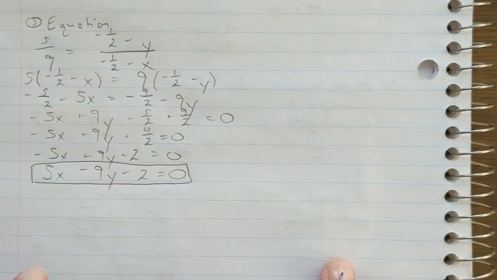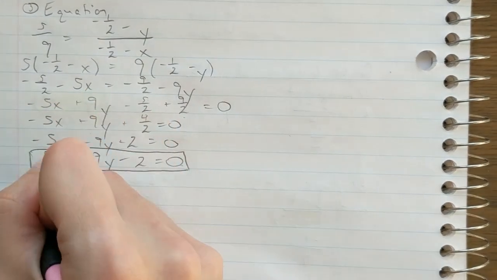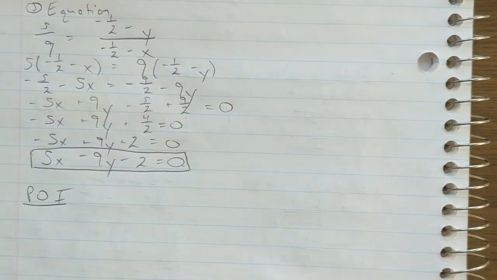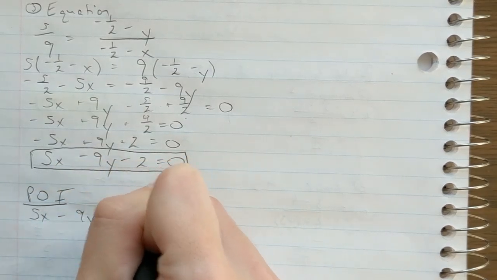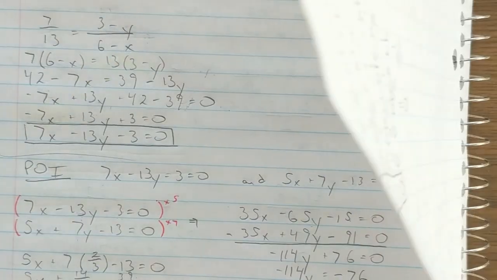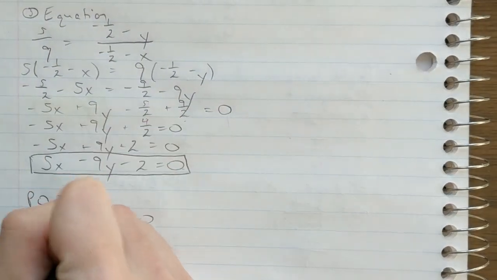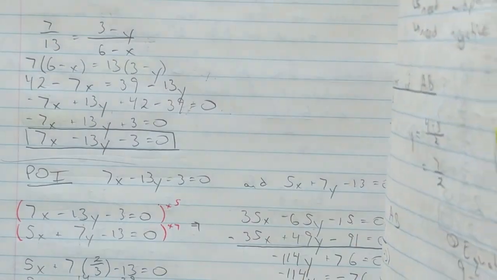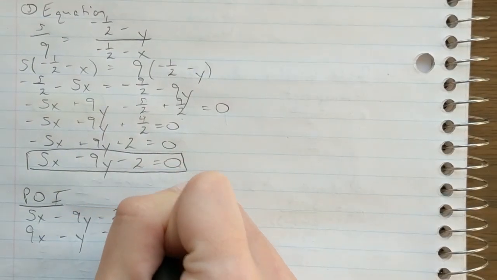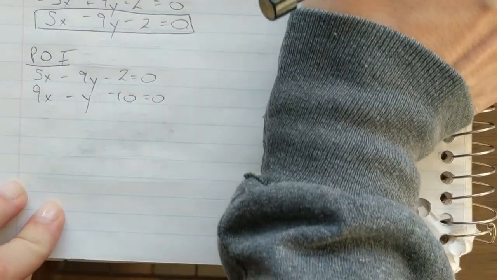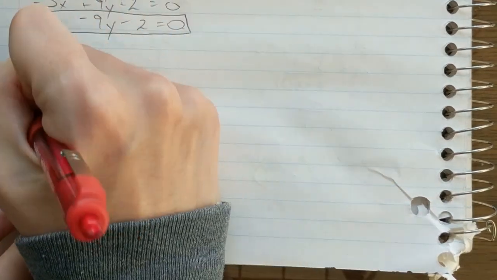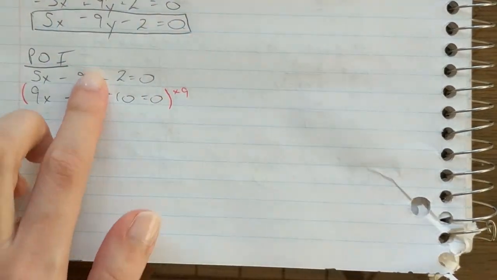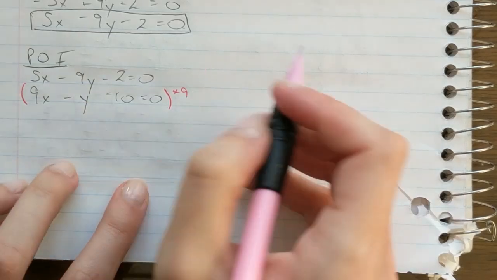So now I need to find the point of intersection between those two equations. So I have 5x minus 9y minus 2 is 0, and 9x minus y minus 10 is equal to 0. I'm going to multiply my second equation here by 9, and that way I can eliminate my y.